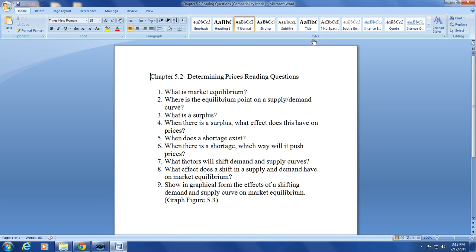Now, if you take a look at figure 5.3, the graph to the right, we're going to have the scenario where there's better technology to make tennis shoes, and so that increases supply. Here you can see an increase in supply from S1 to S2, so the supply curve shifts to the right.